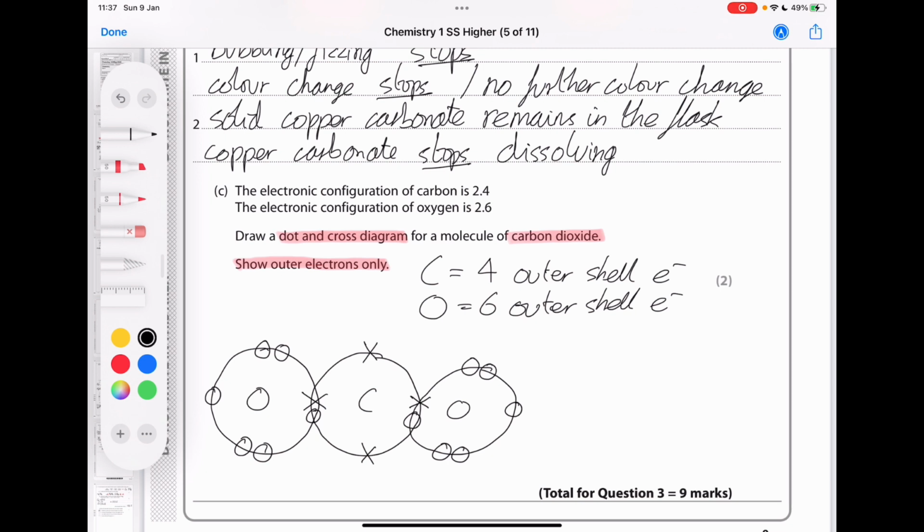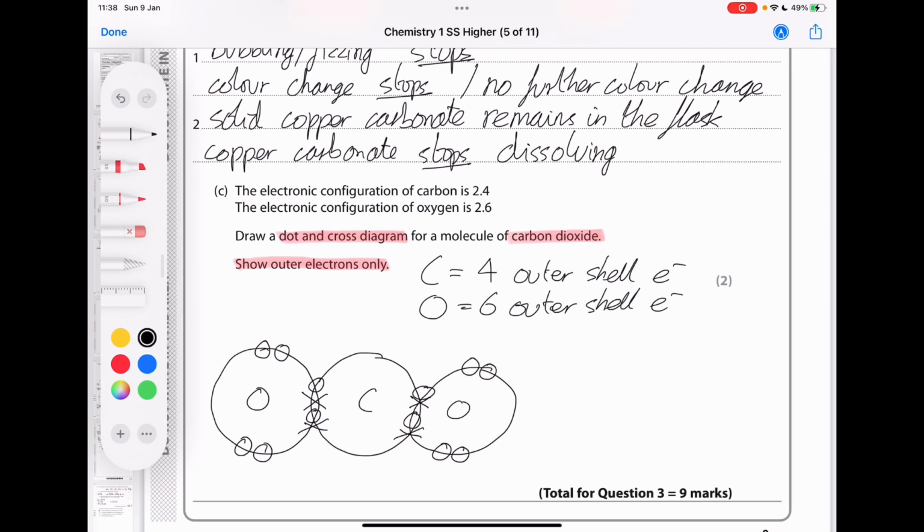This is not complete because my carbon only has 6 electrons in its outer shell and my oxygen only has 7, and all 3 atoms need to have 8 electrons to fill their outer shell. So what I'm going to do is move the unpaired electrons from the carbon and put those in the overlaps, and I'm going to move the unpaired electrons from the oxygens and put those in the overlaps as well.